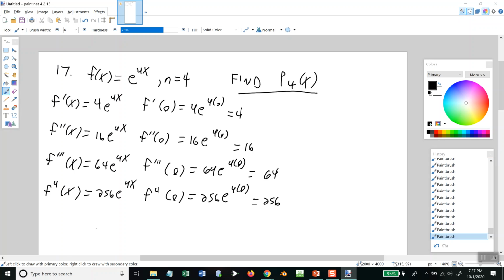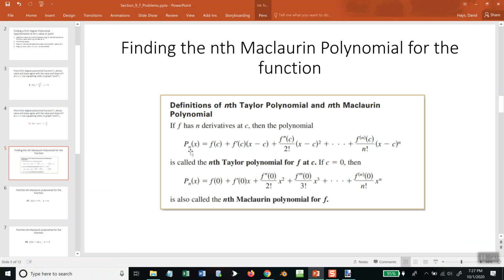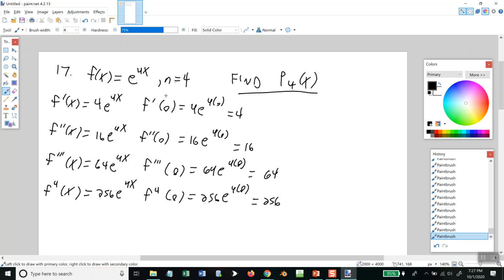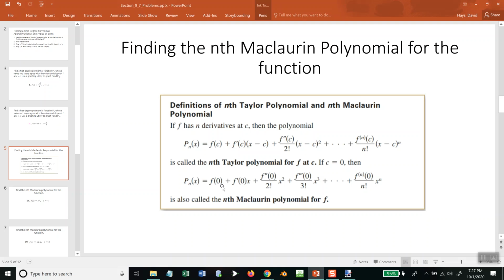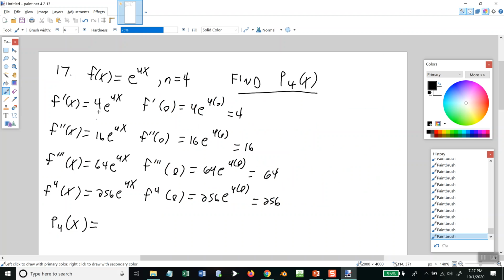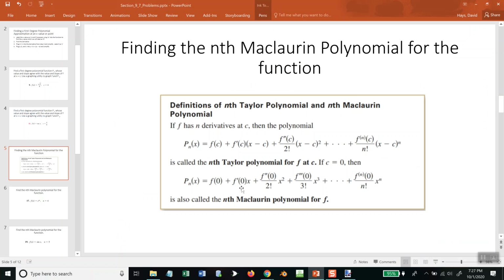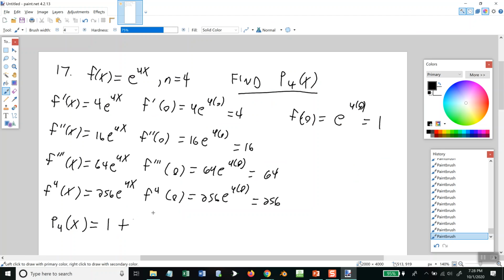Okay, so now we're ready to plug it into our formula here. Again, where the n is, I'm putting in 4. So p sub 4 of x is equal to, and then I've got f of 0. I didn't find f of 0, did I? If I plug 0 into my original function, I'm going to have e to the 4 times 0, which gives me 1. So I'm going to have 1 here, plus f prime of 0.